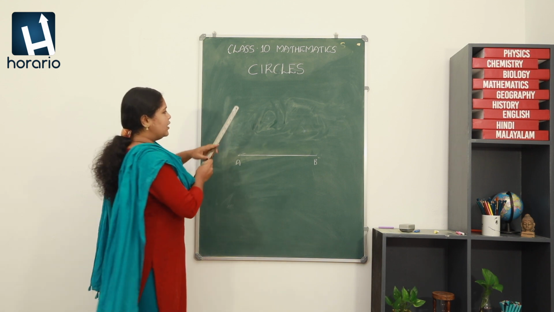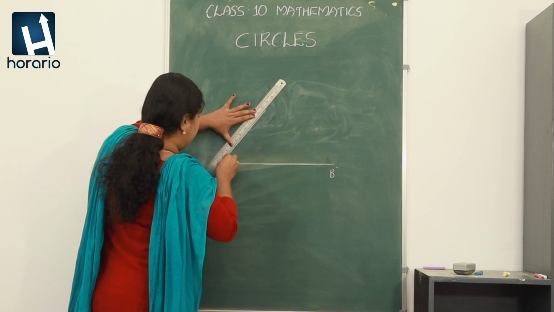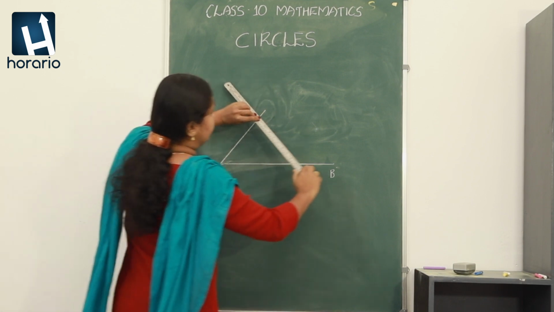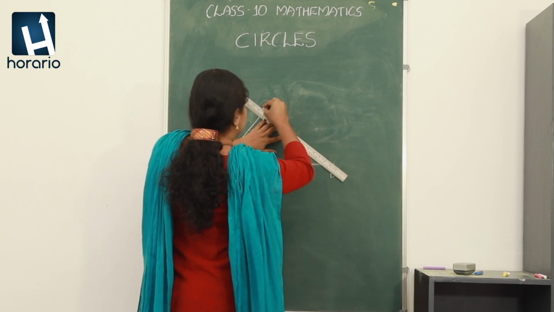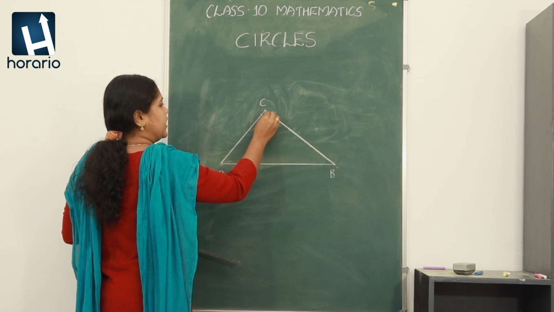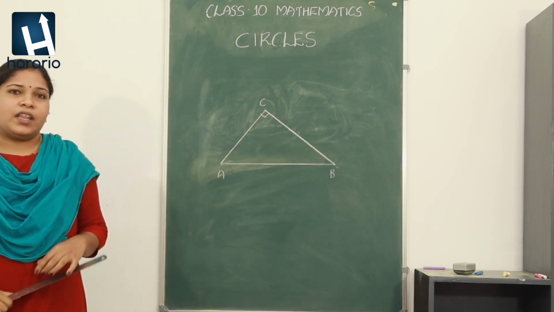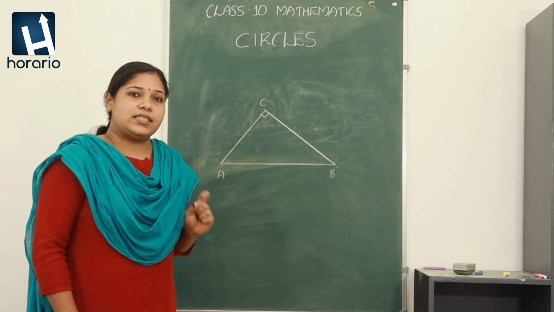Now let me draw a right triangle with this vertex as 90 degree. So we have drawn one right triangle with AB as hypotenuse.